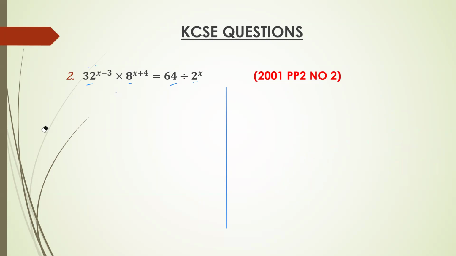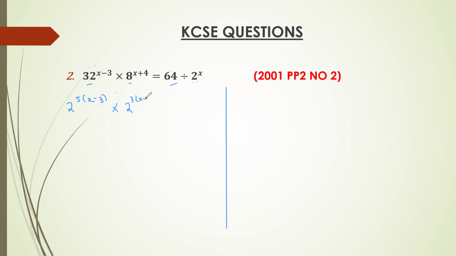Tuendelee. So tusema hii moja ni 2 power 5. Alafu remember una power nyingine x minus 3. So you have 2 power 5 times 2 power 3 into brackets x plus 4.